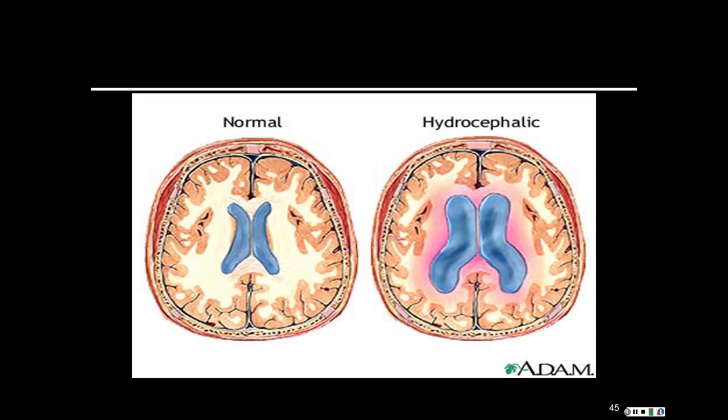The brain scan compares the normal cerebral ventricles with those of excessive cerebrospinal fluid accumulation in the cerebral ventricles.